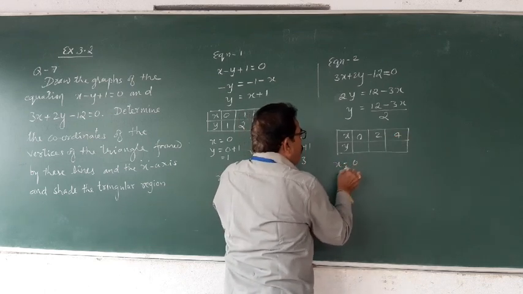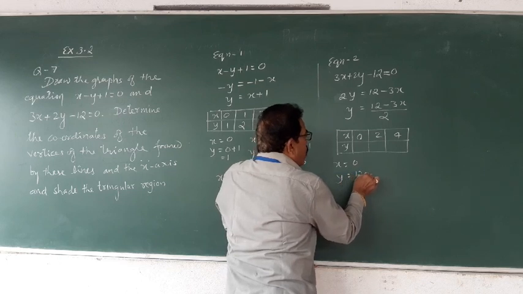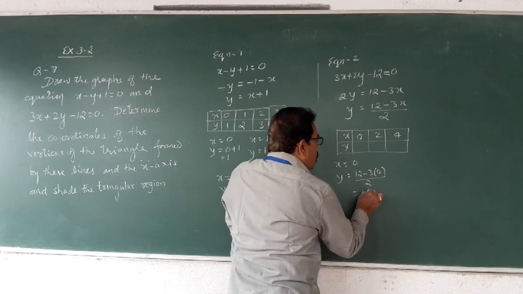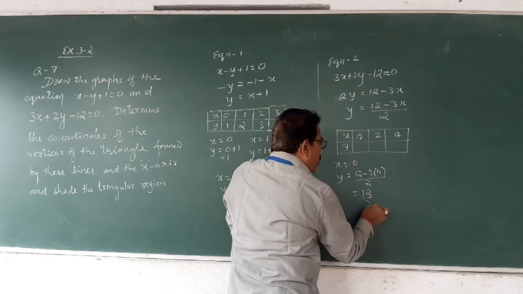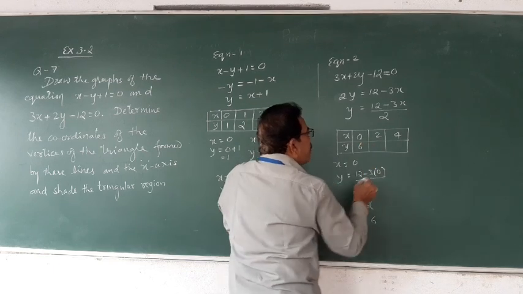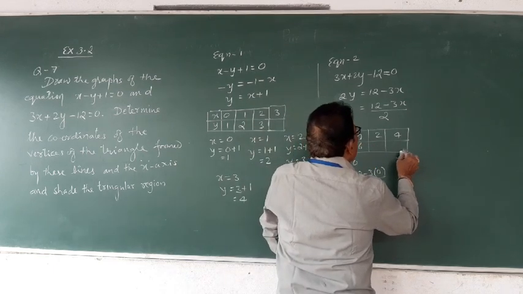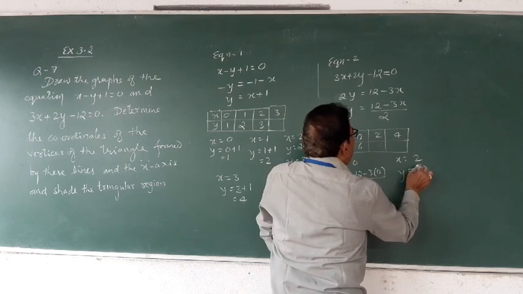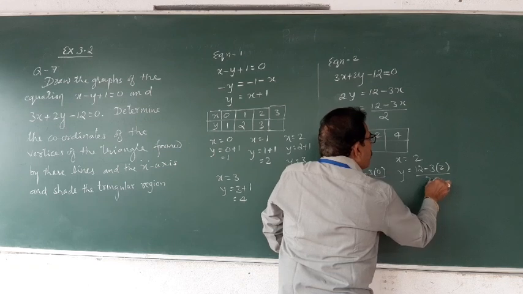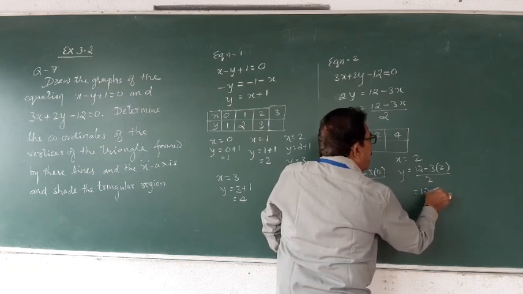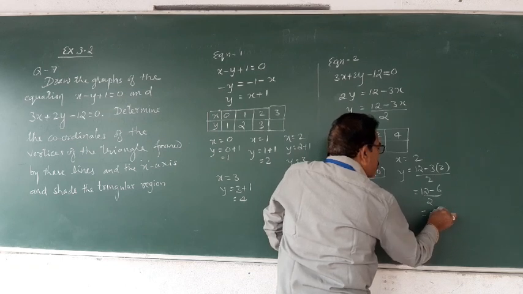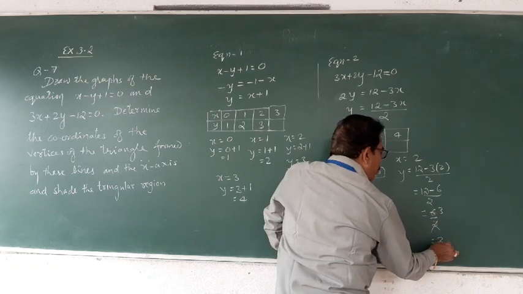X equals 0: y equals 12 minus 3 into 0 divided by 2, 12 by 2 equals 6. Then x equals 2: y equals 12 minus 3 into 2 divided by 2, 12 minus 6 divided by 2, 6 by 2 equals 3.